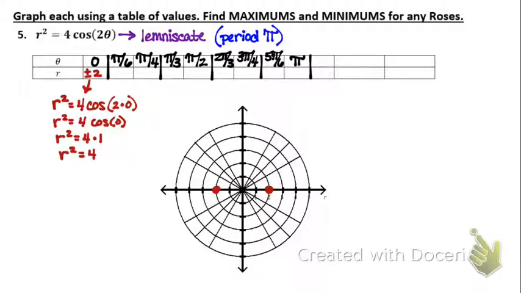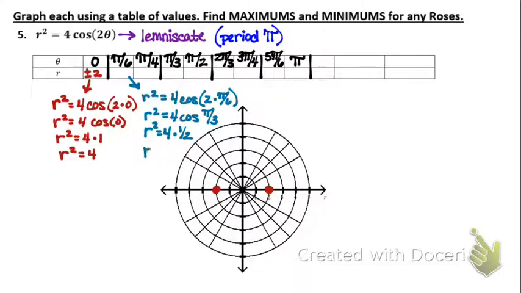For pi over 6, I have r squared equals 4 cosine of 2 times pi over 6. What's 2 times pi over 6? Pi over 3. What is the cosine of pi over 3? So r squared equals 4 times 1/2.